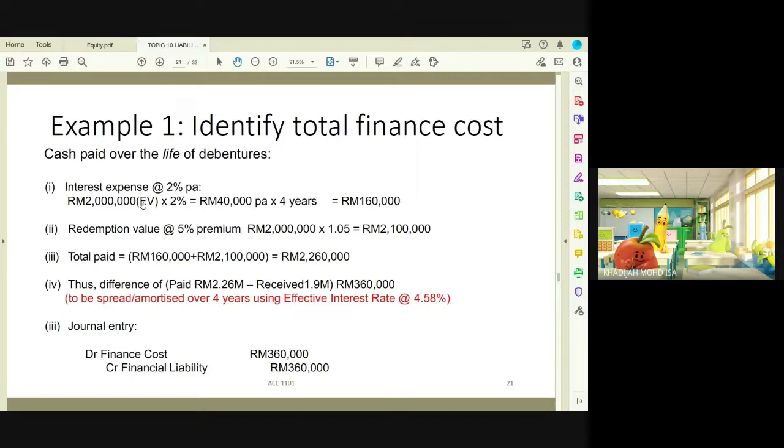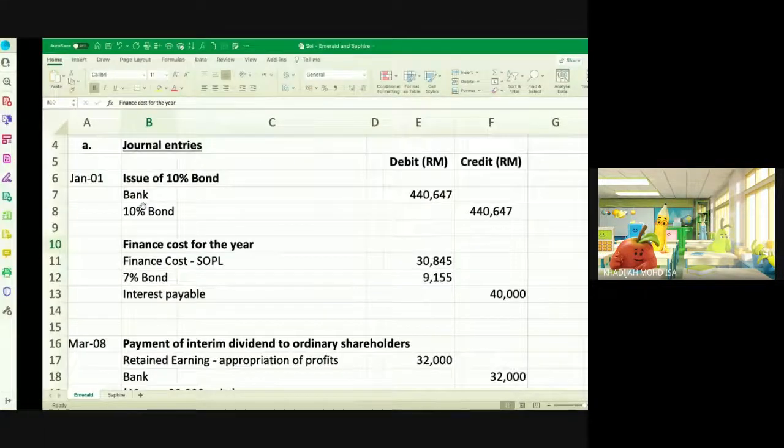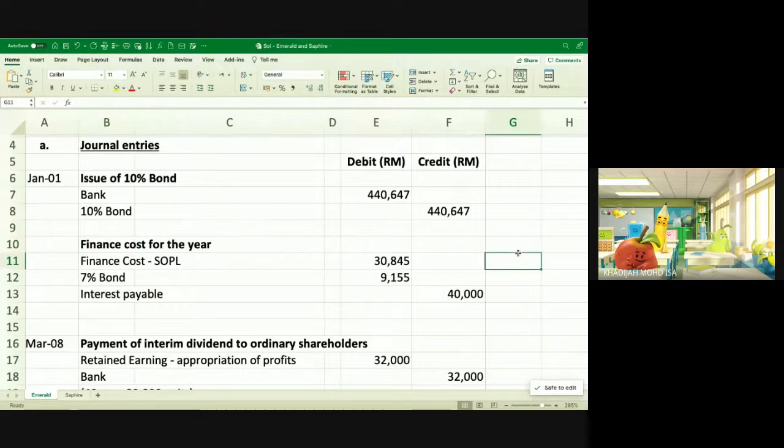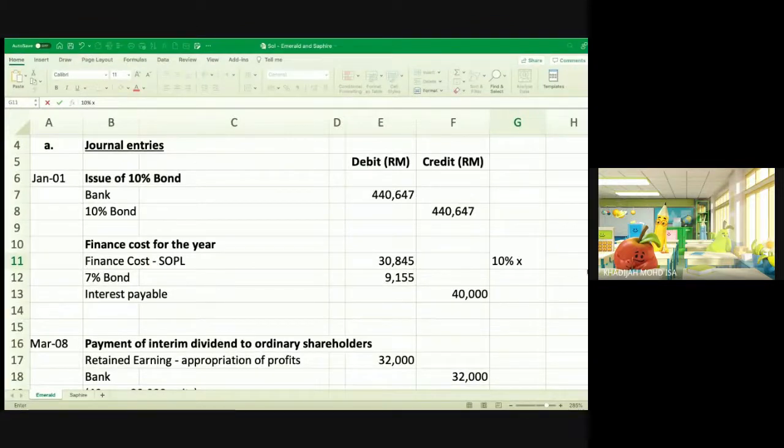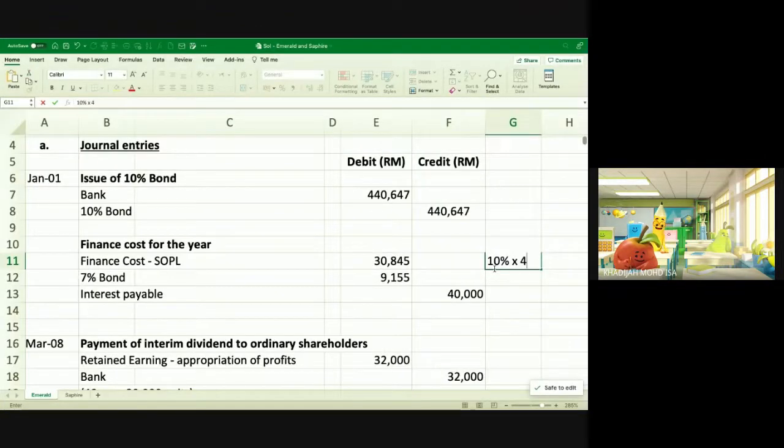So you have the 10% times the value of the 400,000, times 4 years, equals to 160,000. Okay?